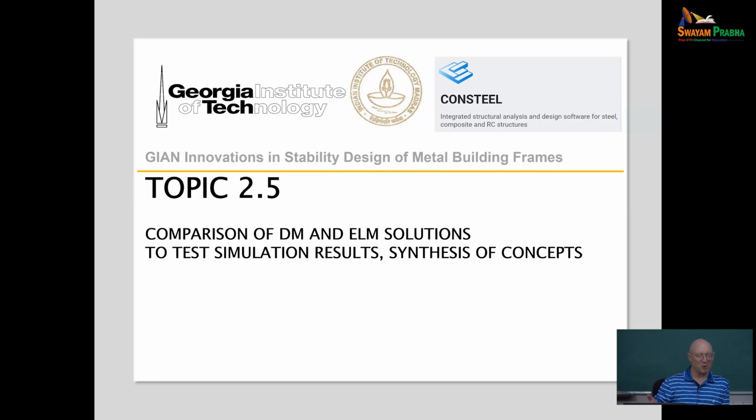If you're running the general purpose analysis, you would run it either with a notional load or with an explicit out of plumbness in the structure, and you would run it with a stiffness reduction of 0.8 on all contributions to your elastic stiffnesses. That's a very coarse attempt to account for reductions that actually happen in the physical structure.